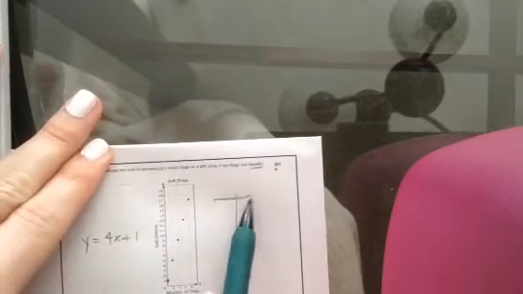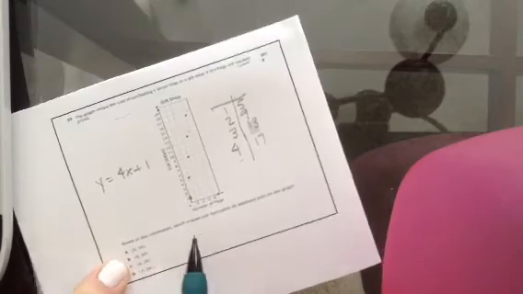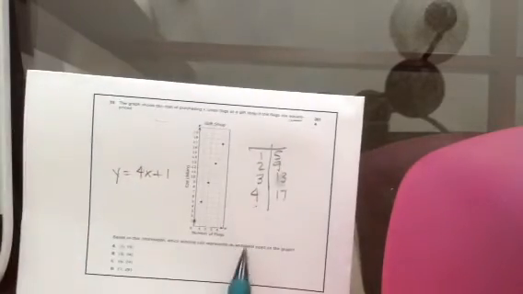You could also create a table of this information. So 1 is 5, 2, 9, 3, 13, 4, 17. And then since your answer choices are 5, 6, 7, 8, you could continue that and just follow the pattern.